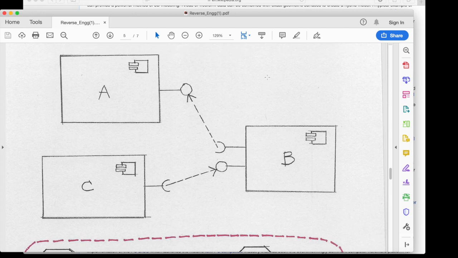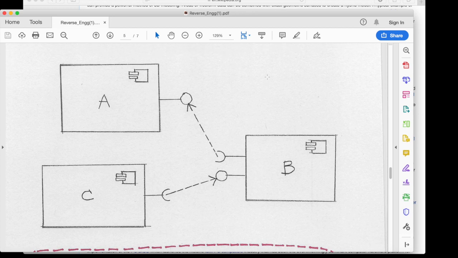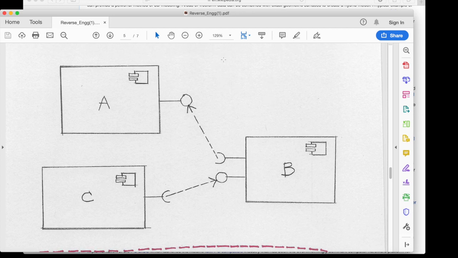Converting the directional lines that you see above, you see that A provides service to B, and B needs that service.